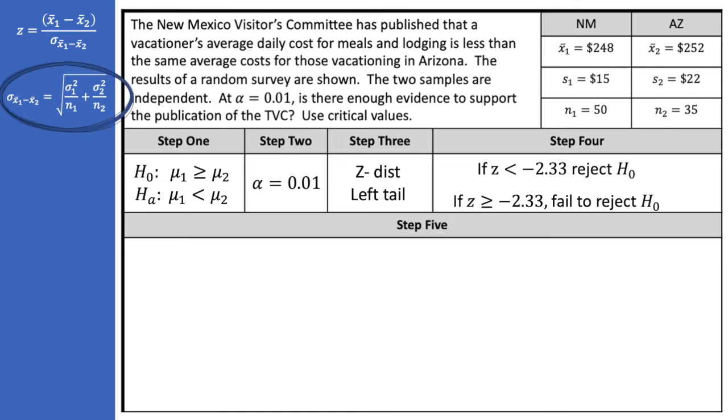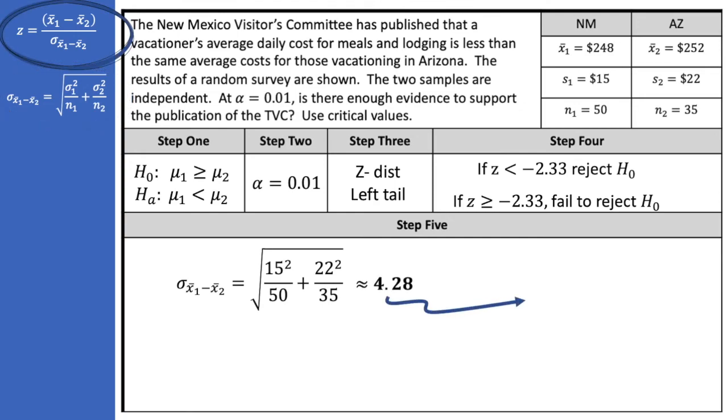And again, we'll start with the denominator of our formula. 15 squared, that's the standard deviation in New Mexico, divided by 50 plus 22 squared, standard deviation of Arizona, divided by 35, the sample size of Arizona. Put all this into your calculator, we get 4.28, which becomes the denominator of our main formula.